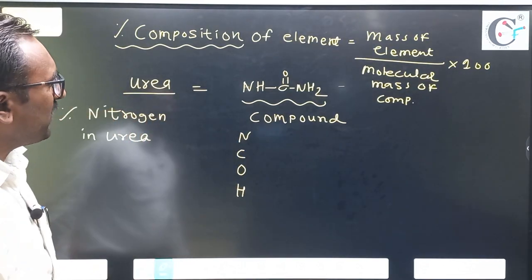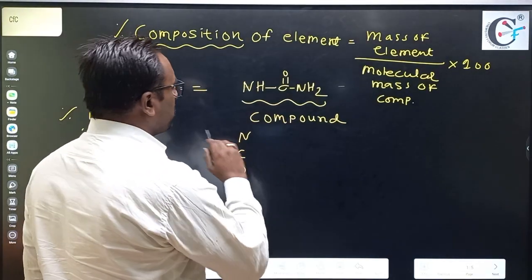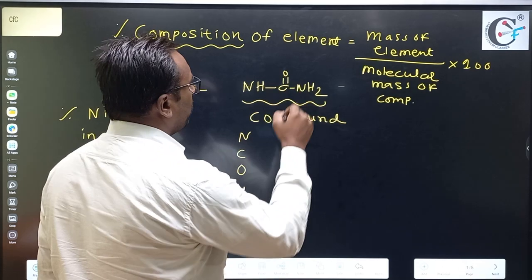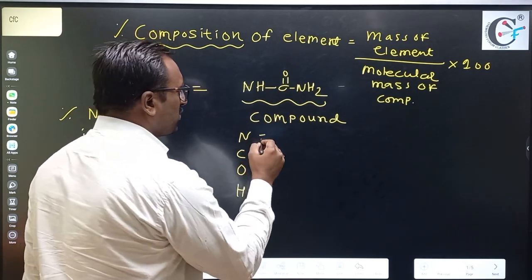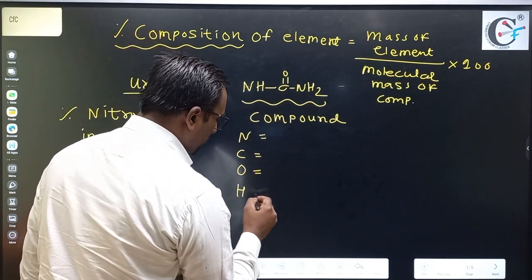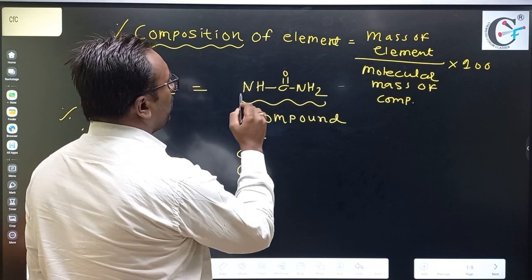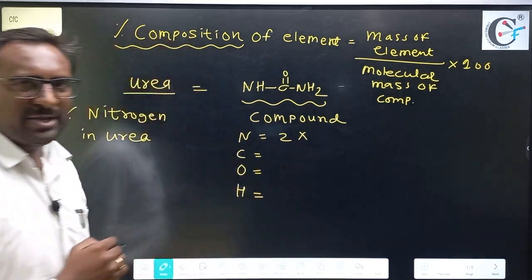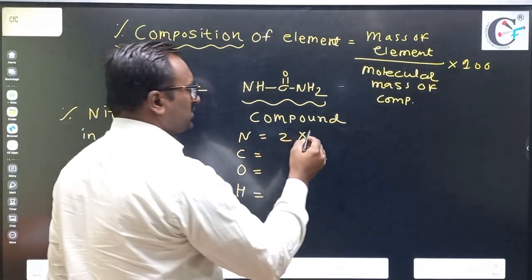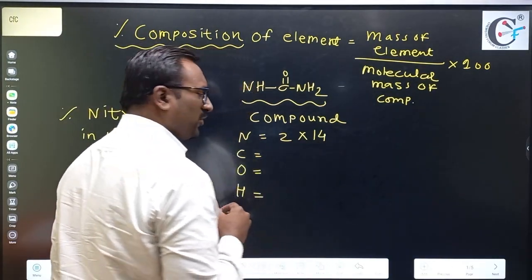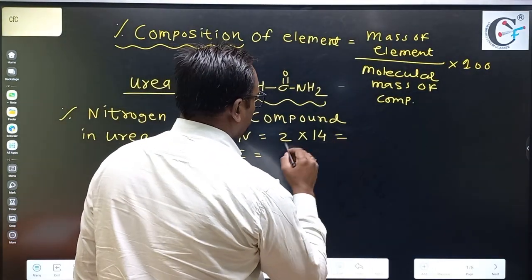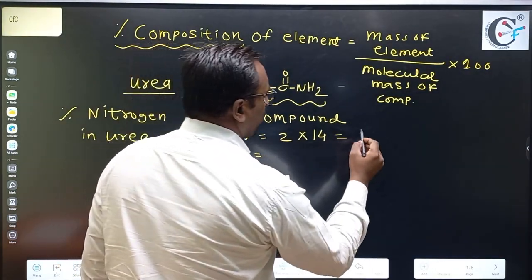We will use this formula for calculating the percentage composition of an element. Now, if I say calculate the percentage of nitrogen in urea, first of all calculate the molecular mass of urea. We have 2 nitrogen. The molar mass of nitrogen is 14, so 14 twos are 28.